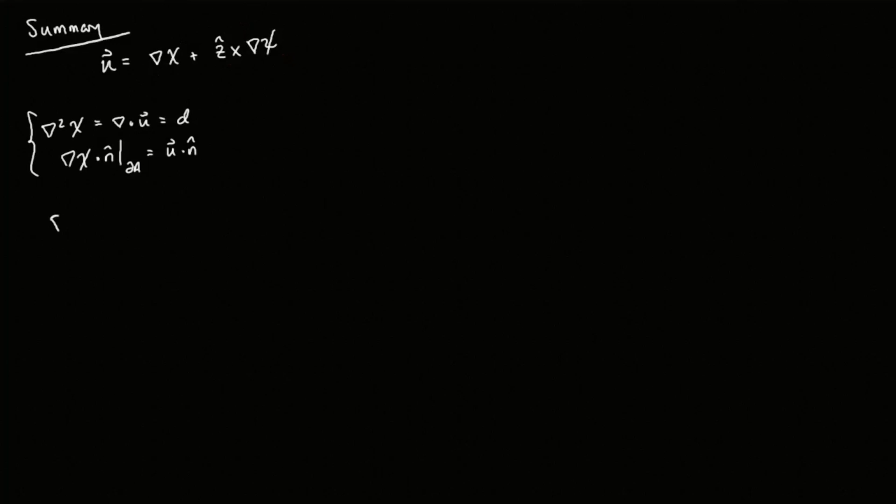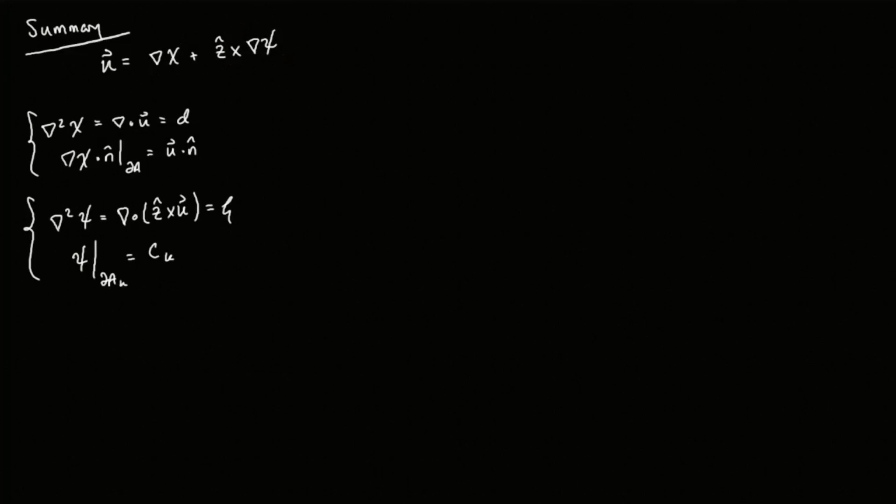We have the equation for psi, the rotational part, so del squared psi is the vorticity. And we have the boundary condition that on each of our boundaries, psi is some constant. Okay.